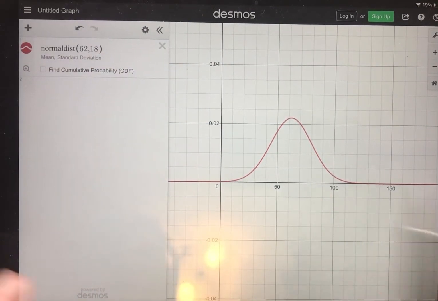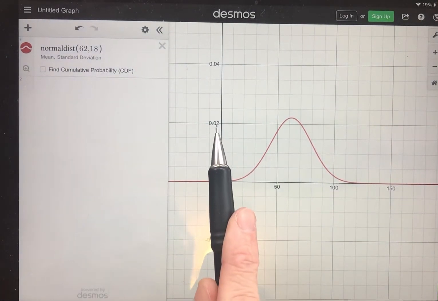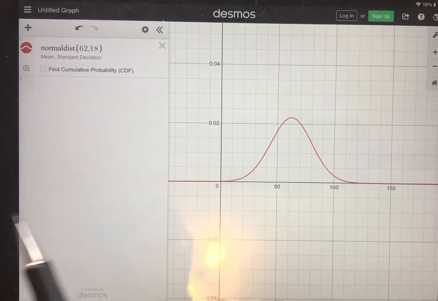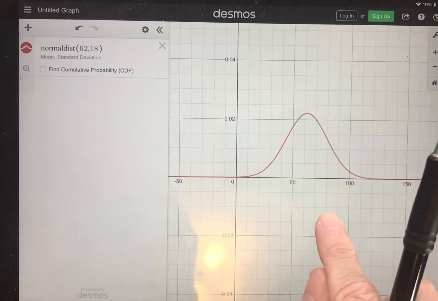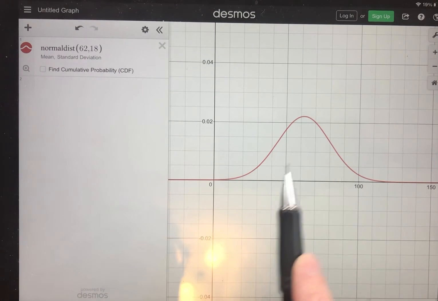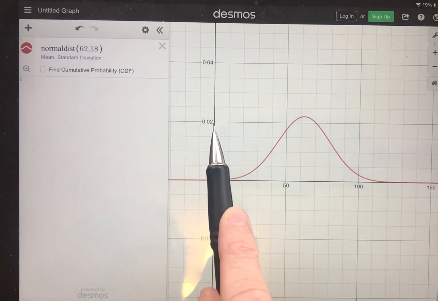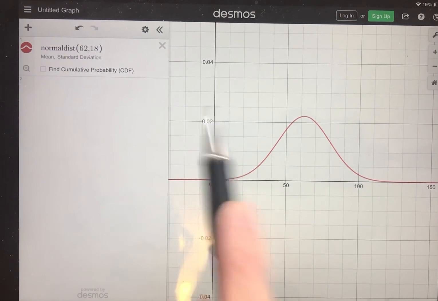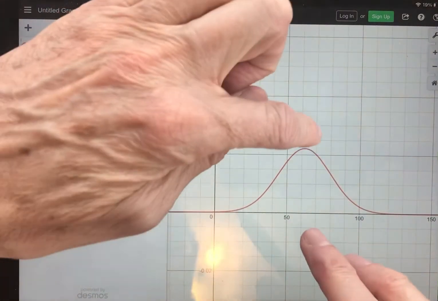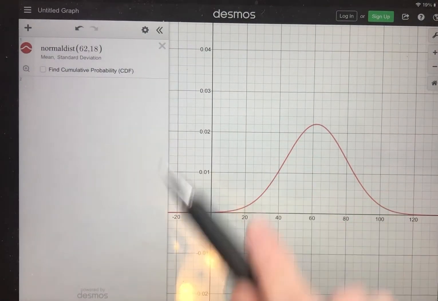Now notice, this is so flat that the top of this is just barely above 2/100ths, okay? So to get this, I really had to zoom in. Remember, everything underneath here is equal to 1. So you're only going to have maybe a 0.5 on your y-axis. You're not going to have much. So you're really going to have to zoom in on the y-axis.